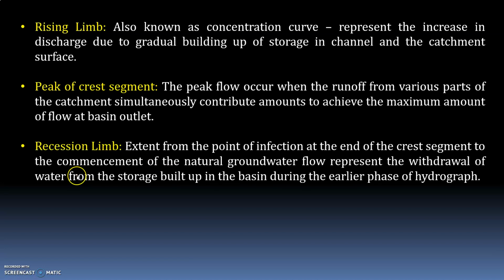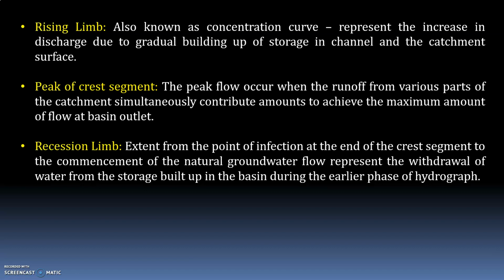Next, let us talk about the recession limb. The recession limb extends from the inflection point C of the crest segment to the point D, the point of commencement of the natural groundwater flow. The recession limb indicates the storm contribution from surface storage, which includes both the surface retention and channel storage, interflow, and groundwater flow, since the depletion of this retention storage takes place after the cessation of rainfall.